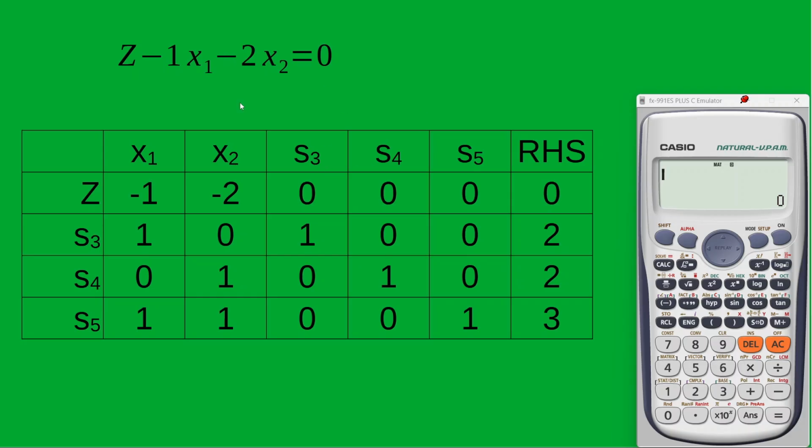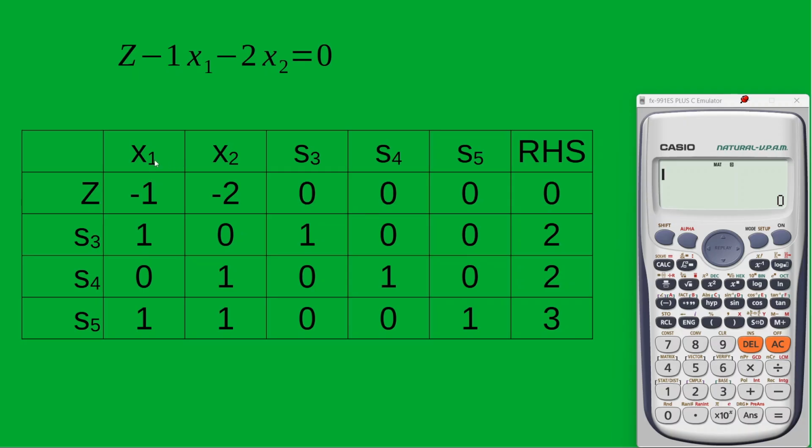Now we construct the simplex tableau where in the first column we have the basic variables and on the first row we have the variables. So the basic variables now are S3, S4 and S5, and in the last column we have the RHS. The RHS is 2, 2, 3, and now here we note down the coefficients.